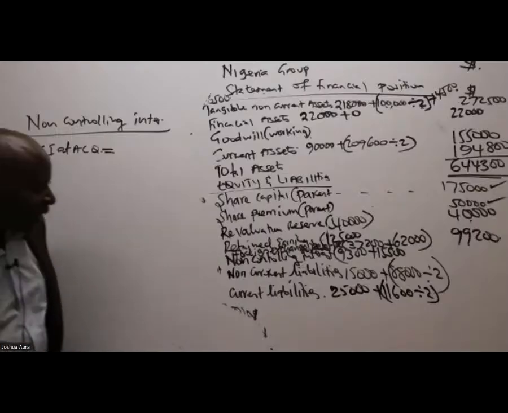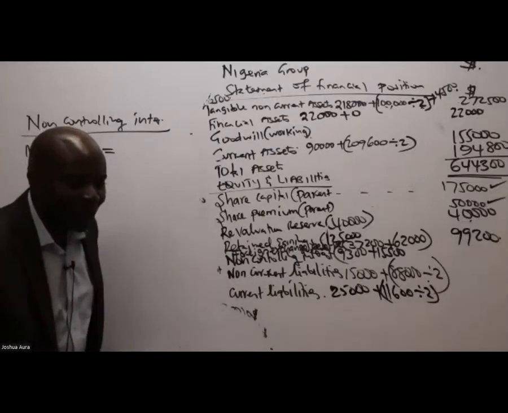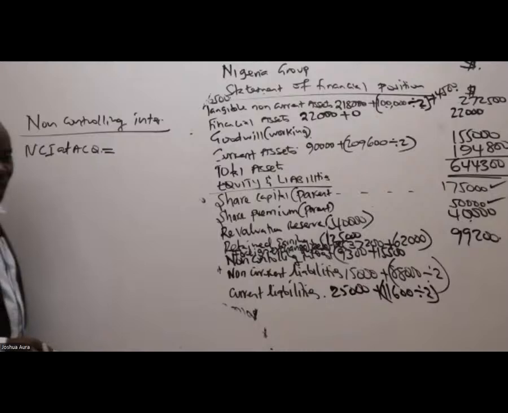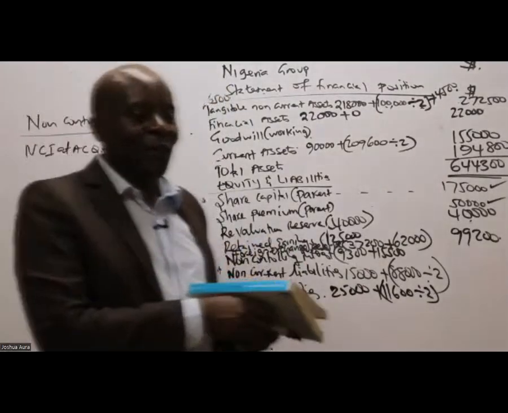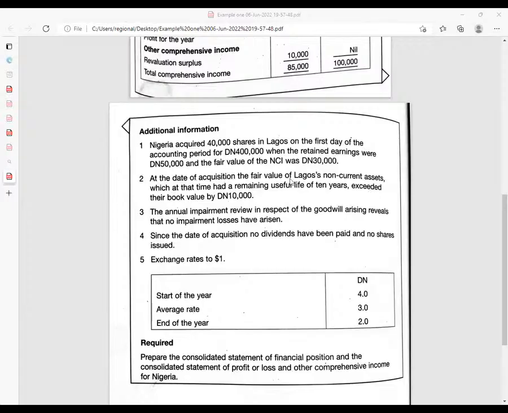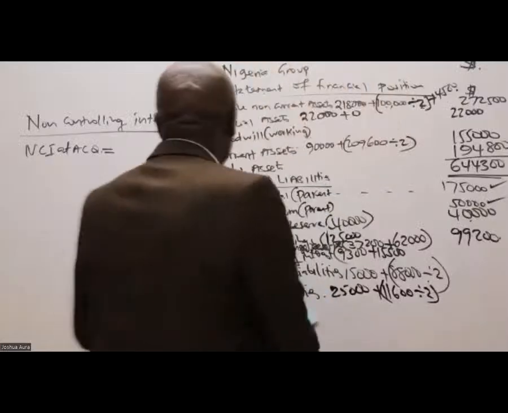Yes, I'll come back to it, no problem. Let us finish this first. NCI at acquisition is this one here. I really like this. It is 30,000, the fair value at acquisition. Isn't it true? NCI at acquisition is 30,000.